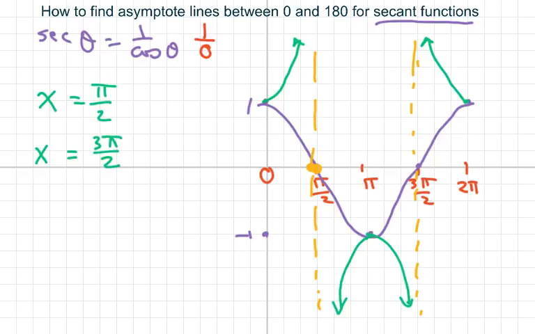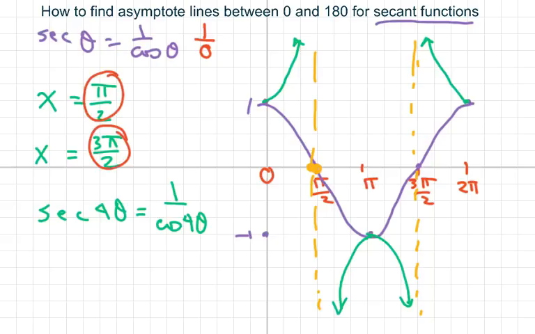Now, when you have something like secant of 4 theta, that is merely 1 over cosine of 4 theta. And all you have to do is take your secant lines here and divide them by 4. So the secant lines for secant of 4 theta would be x equals pi over 2 divided by 4, and x equals 3 pi over 2 divided by 4.